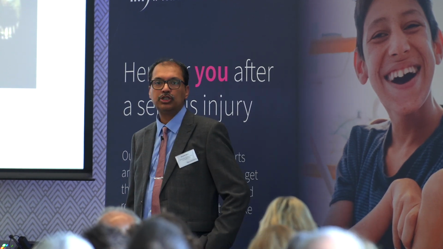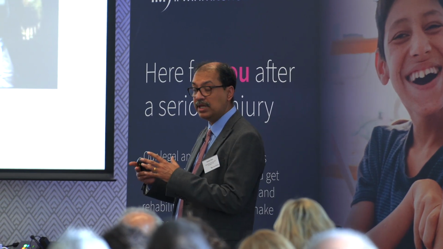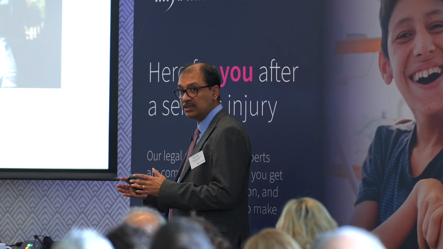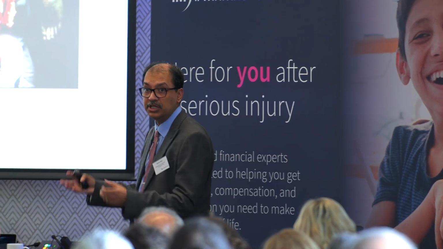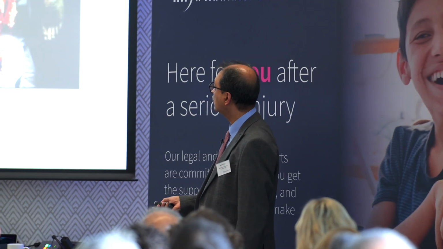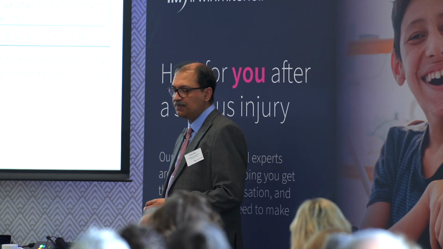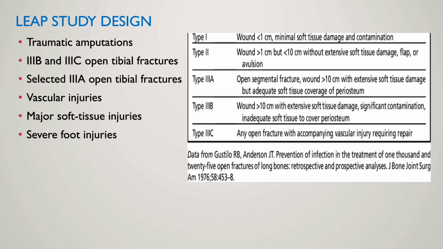And the results are conflicting, so there is no clear-cut inference from these reports. So what did they do in the LEAP study? They found all the patients who needed either traumatic amputation.